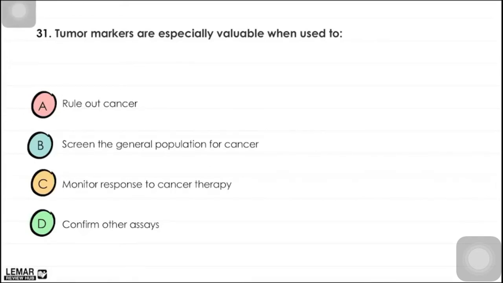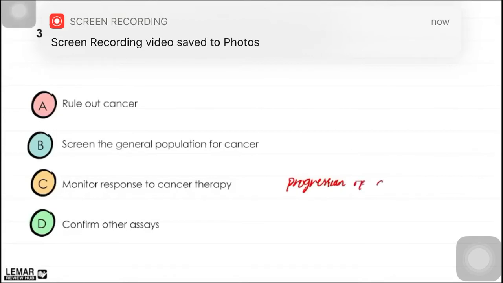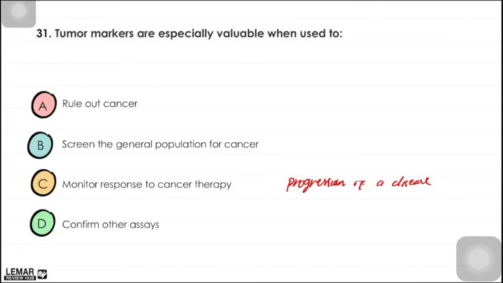So remember, tumor markers are substances produced either by the tumor or as a response by healthy tissue to a tumor. While sometimes used for other purposes, tumor markers are generally valuable for evaluating the progression of a disease or a condition, and also for monitoring.